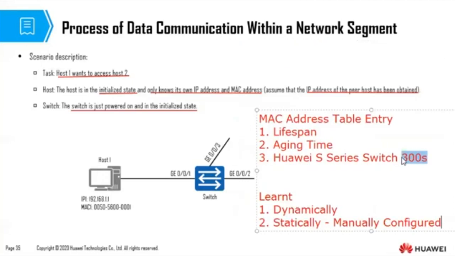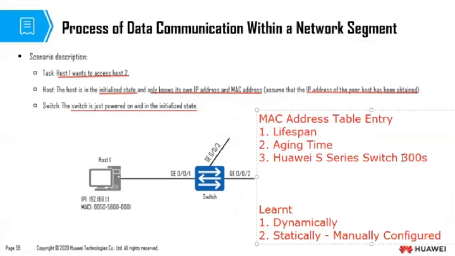This 300 seconds is the amount of time the MAC address entry lives. In the MAC table, we say MAC2, the MAC address of host 2, is associated with GE0/0/2. Are you getting the point?